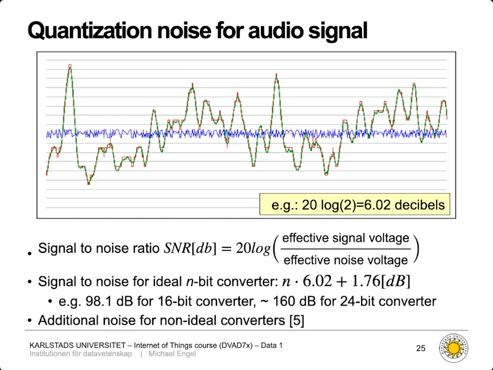Again, we're not going into details here. So a 16-bit converter can give you a signal-to-noise ratio of at most 98.1 decibels, whereas if you invested lots of money in your audio equipment for a 24-bit converter, you would get a signal-to-noise ratio of around 160 decibels. But then you would have to spend quite a bit of money.